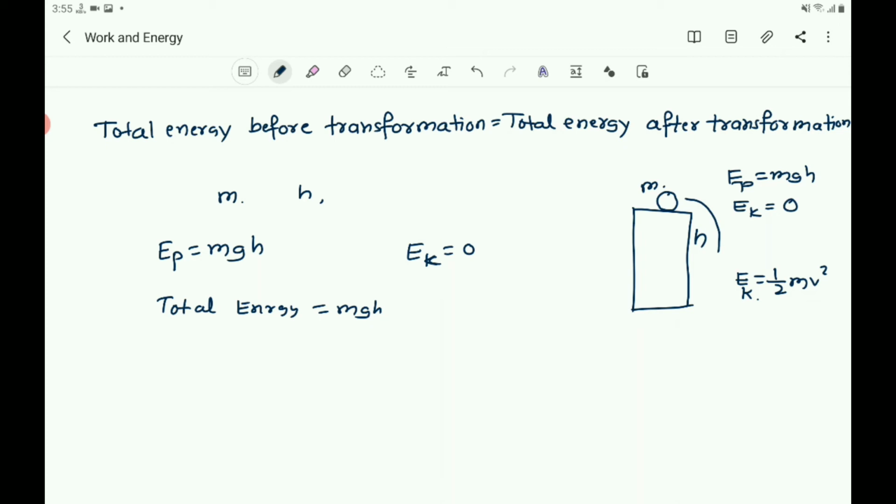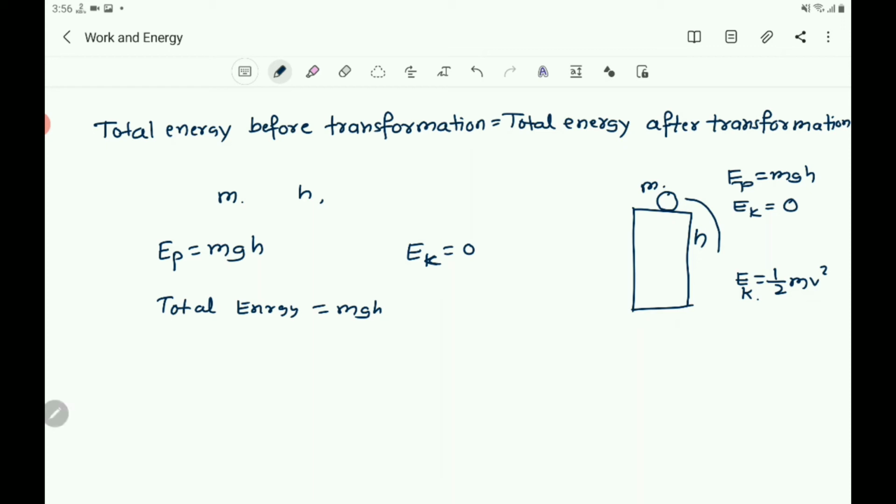When the object is about to reach the ground, the height becomes 0 and velocity becomes maximum. Then the kinetic energy becomes largest and the potential energy becomes least, and the sum of the potential energy and the kinetic energy of the object would be the same at all points.